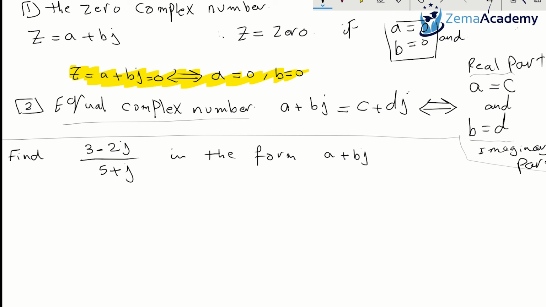Okay? Now, dividing two complex numbers in Cartesian form.